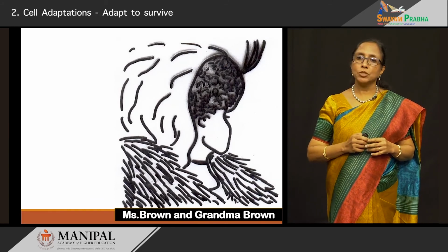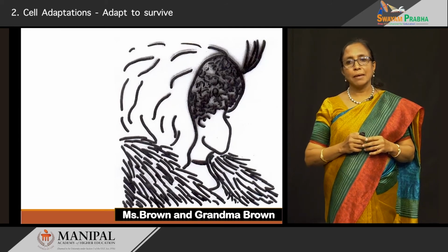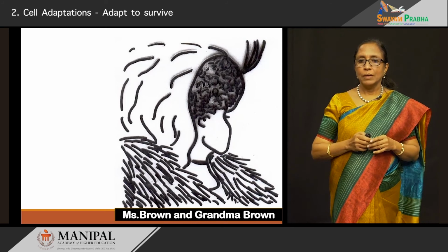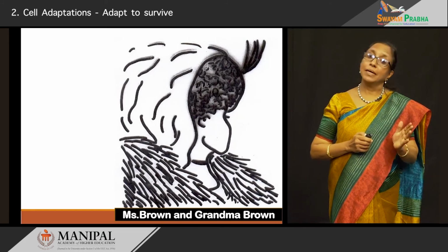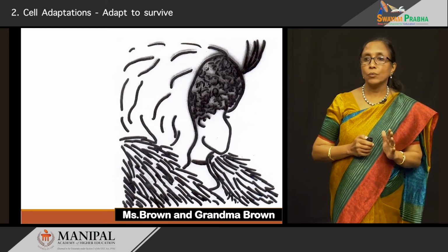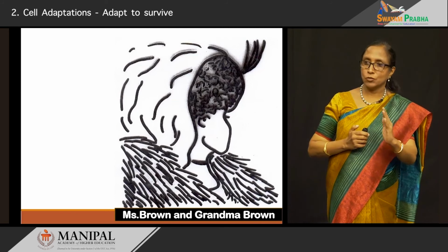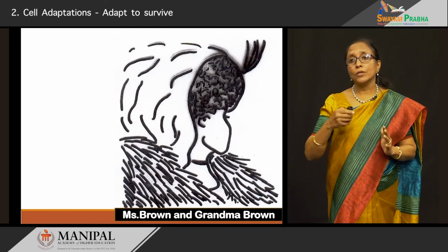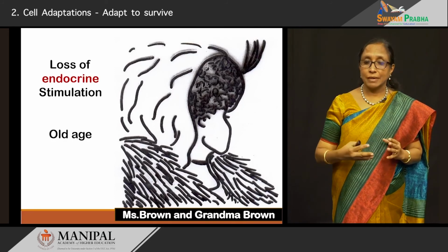I hope you are able to identify both these ladies in the same picture, which has been reproduced from an artist. What am I trying to convey? A baby, then a young beautiful lady who had so many features when she attained puberty, with many changes of hyperplasia and various things happening, and then the older lady with old age, with so many changes that have happened.